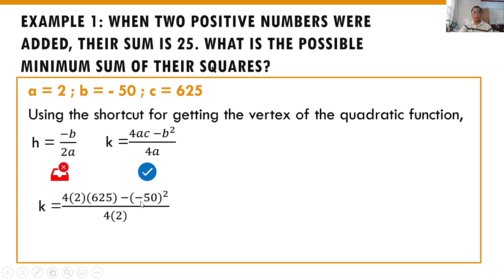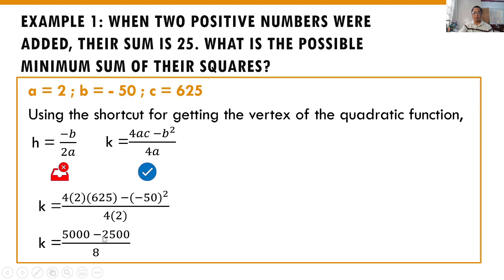If you notice, nasa loob ng parenthesis. Anyway, kahit anong value naman ito, pag in-square mo, positive yung magiging sagot. All over 4 times ang a natin, 2. Simplifying this will become 5,000 minus yung ating negative 50 times negative 50 is positive 2,500.